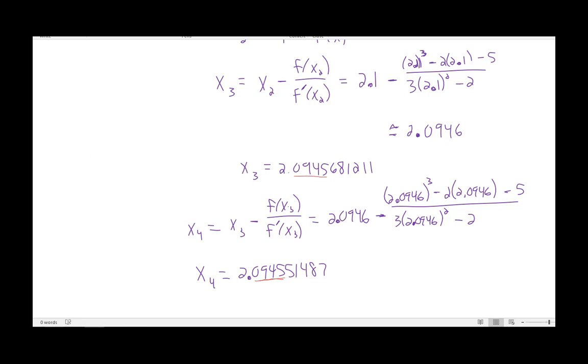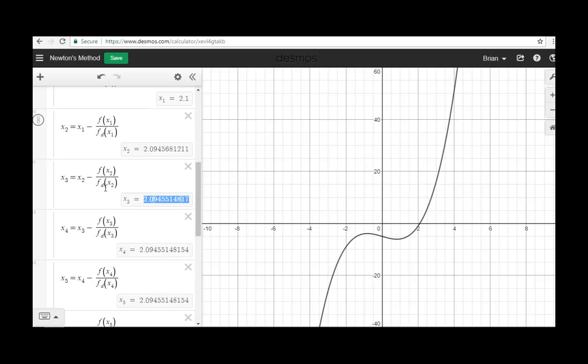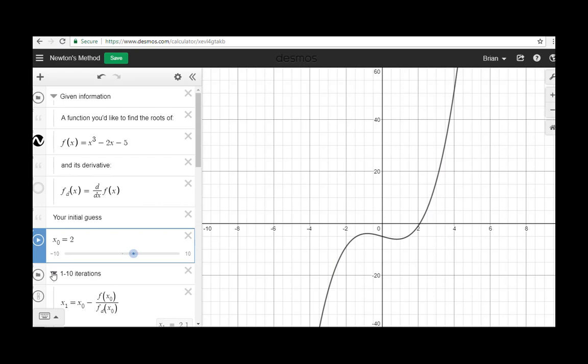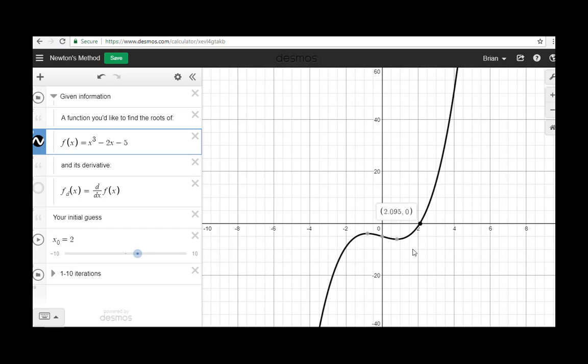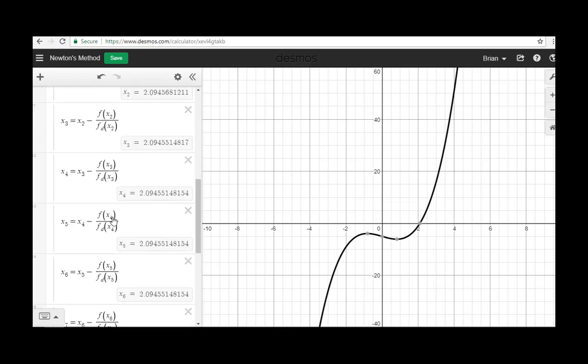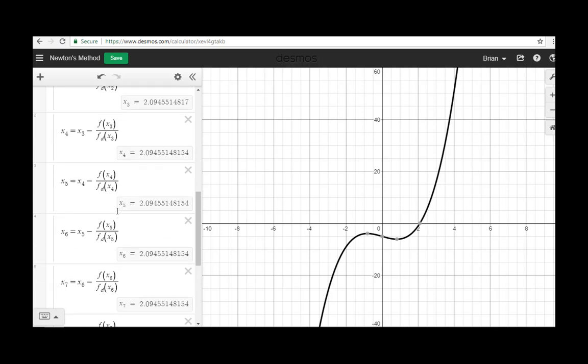Now I went ahead and typed this equation into Desmos. And here's the x cubed minus 2x minus 5. And we can see here's the actual x-intercept here. And we guessed x equals 2, here's my initial guess of x equals 2. And then I went ahead and created the first 10 iterations. So we can see decimal accuracy wise, here was the x4 that we got.